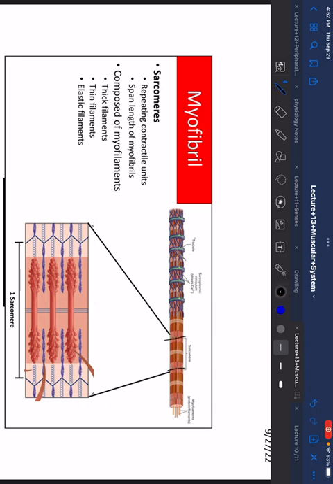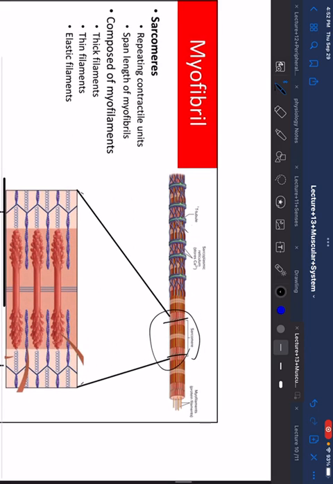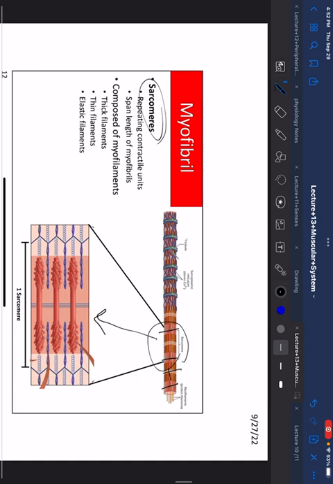If we take one of these sarcomeres and look at its molecular structure even more closely, we can see the proteins that make it up. So what makes up the sarcomere? These proteins known as myofilaments. And there's three types of myofilaments.